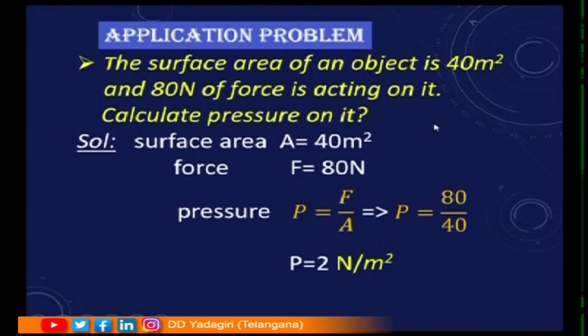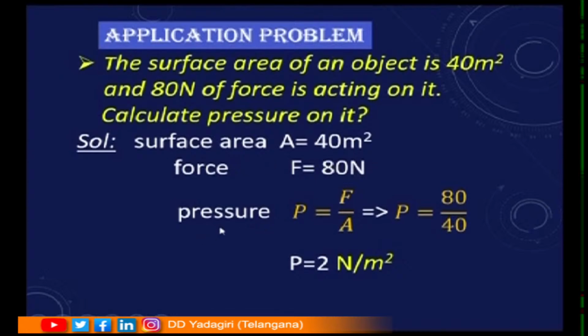To solve the problem, first of all we have to understand the question. What is given in the question, and what we have to find. Here the surface area is given as 40 meters square and the force is given as 80 newtons.